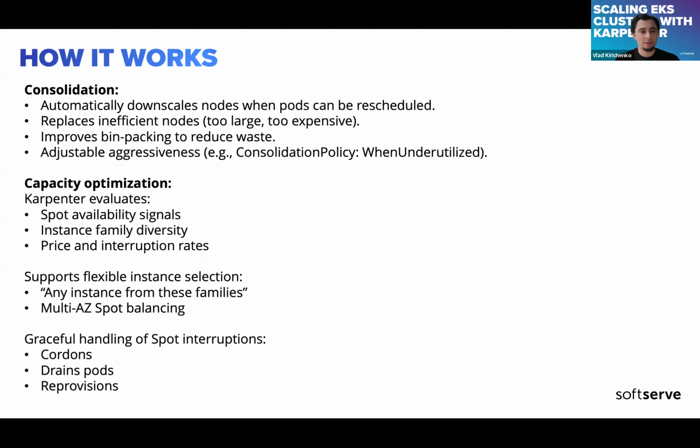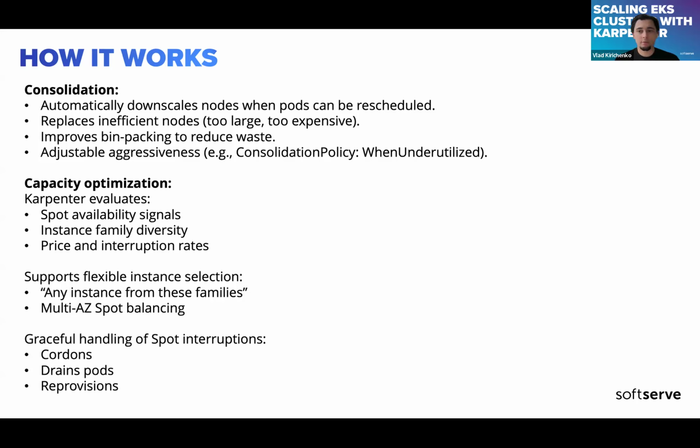My favorite feature is consolidation. After a traffic spike, we usually have some unused node capacity, and most of the scalers leave these nodes running indefinitely. But Karpenter continuously evaluates whether workloads can be consolidated into fewer nodes.